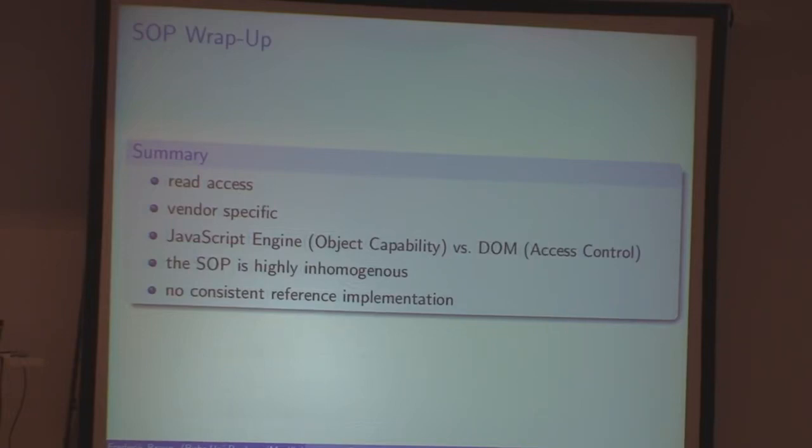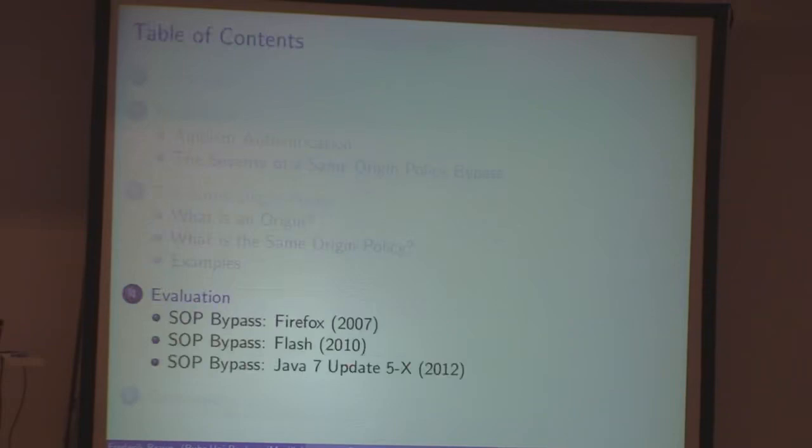And in general, it's highly inhomogeneous, and of course, there's no reference implementation. How could there be? It was invented in the 1990s, and with the browser wars and the big competition about what to bring in your browser, there was no situation where people could have agreed on something like that. So now I'm going to shortly talk about some same origin policy bypasses.